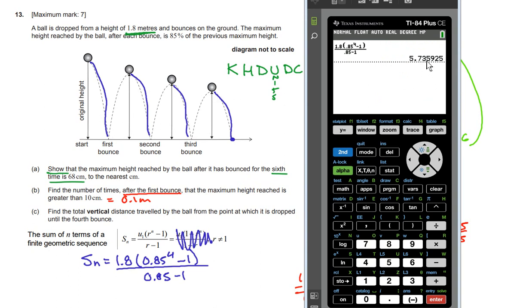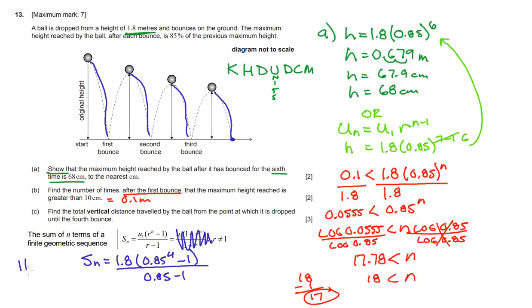I'm thinking the easiest way to do that is to simply double this. So we're going to take that and multiply it by 2. And that gives us 11.47185. I'm going to leave that whole thing on there.